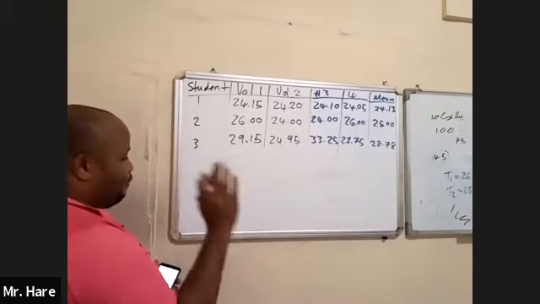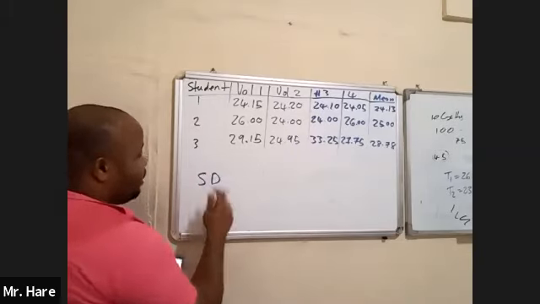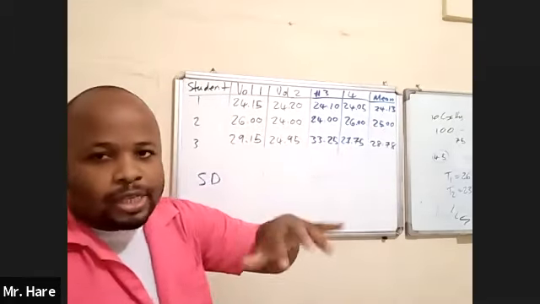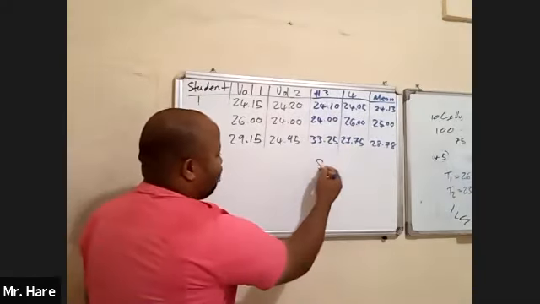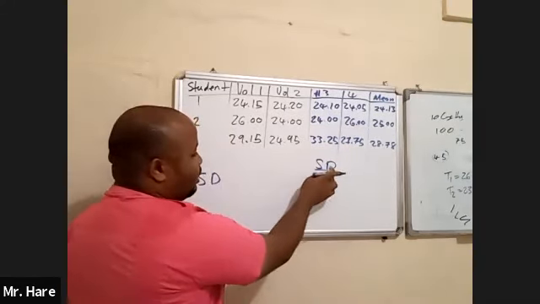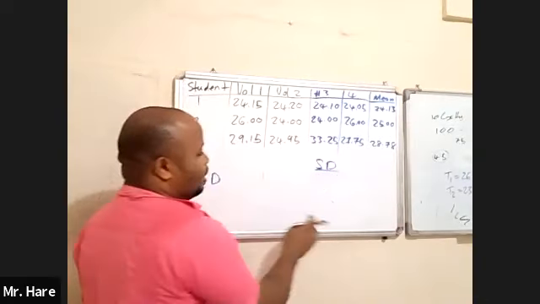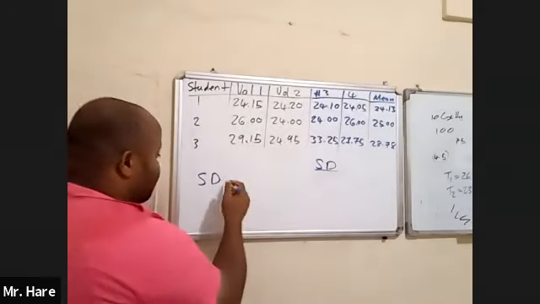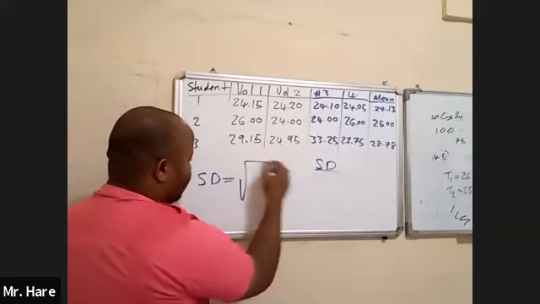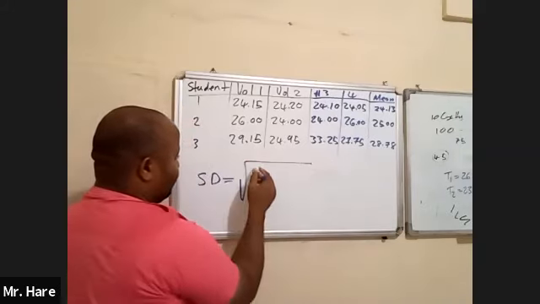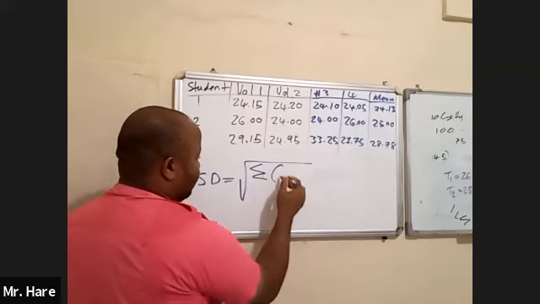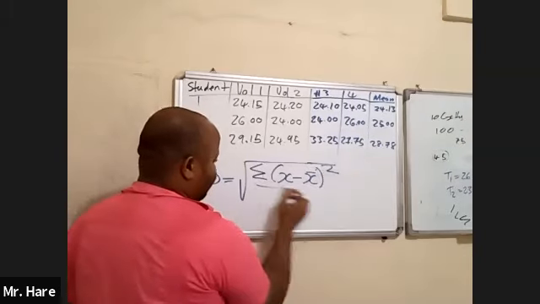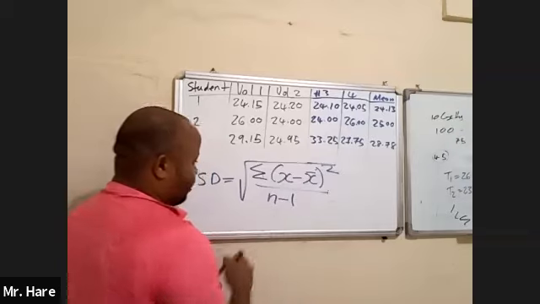All right, so there's a next column after this column that asks you to put in the standard deviation. It's empty, so you're supposed to put in the answer there. The formula for standard deviation is the square root of the sum of x minus x bar squared, divided by n minus 1.